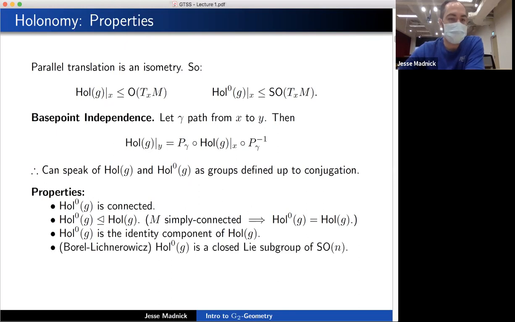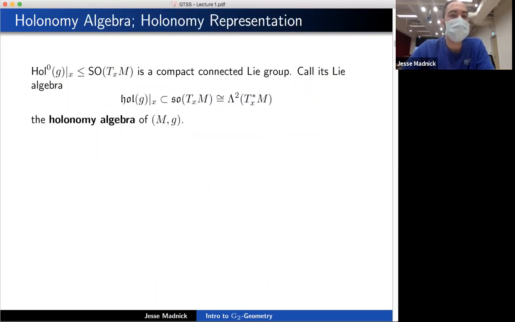And maybe a deeper, more difficult to prove fact is that the reduced holonomy group is a closed Lie subgroup of SO(n). This is due to Borel and Lichnerowicz. So taken together, what we learn is that the reduced holonomy group is a compact connected Lie group. And so since it's a compact connected Lie group, it's interesting to talk about its Lie algebra.